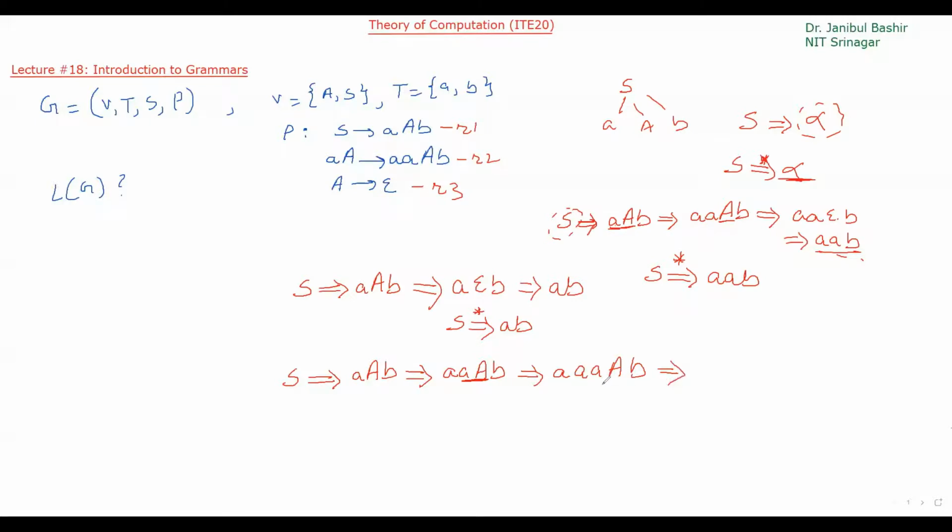Now here again, I can use rule 2 or rule 3. It is my choice because I can replace A. Let's suppose I am writing epsilon. I am using rule 3. So it will be aaab. So this is another string that can be generated.